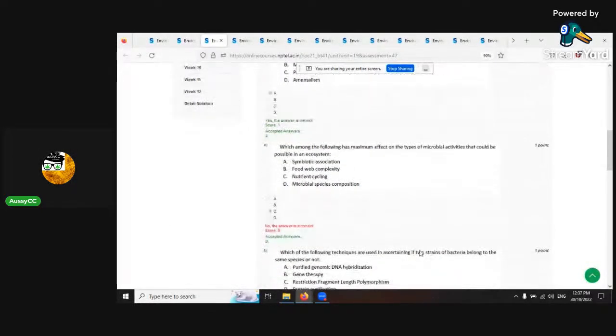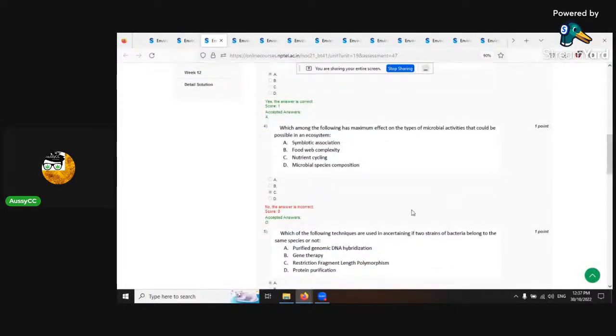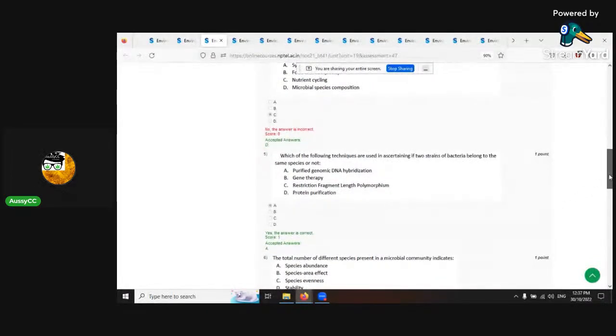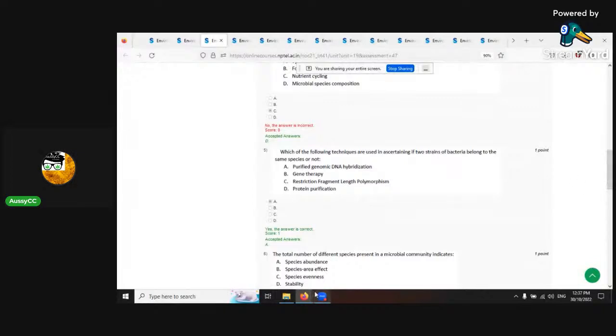Which of the following techniques are used in ascertaining if two strains of bacteria belong to the same species? A. The total number of species present in a microbial colony indicates its abundance.